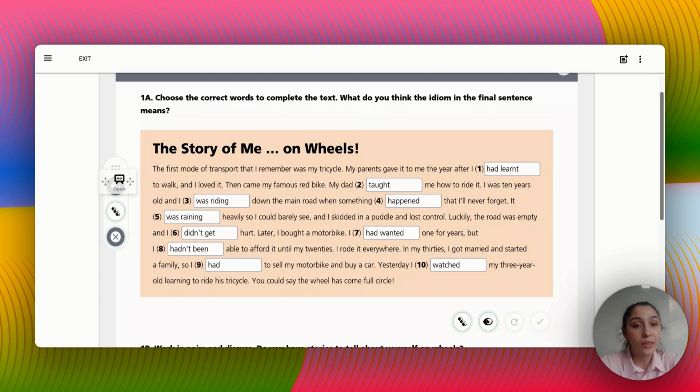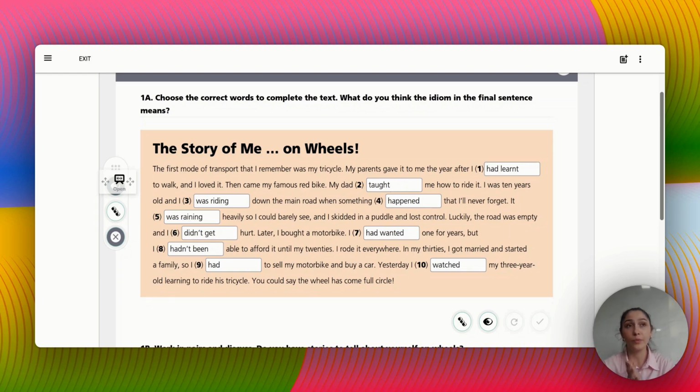Okay, so in the first example, in the first sentence, we have used the past perfect tense. In the second, it is taught, the verb teach, and we use the past form of teach, taught, and this is past simple tense. The next one is a continuous action.